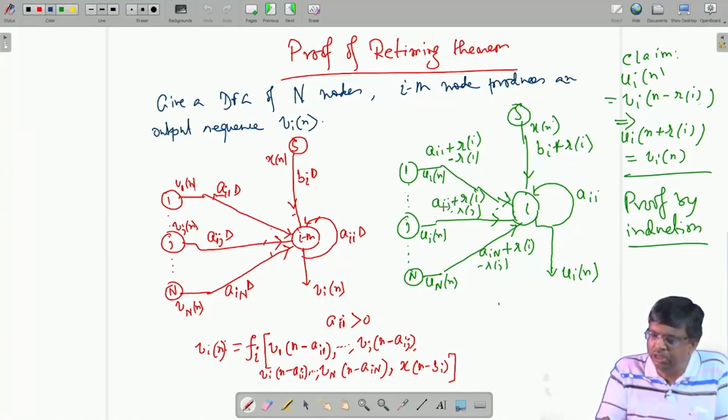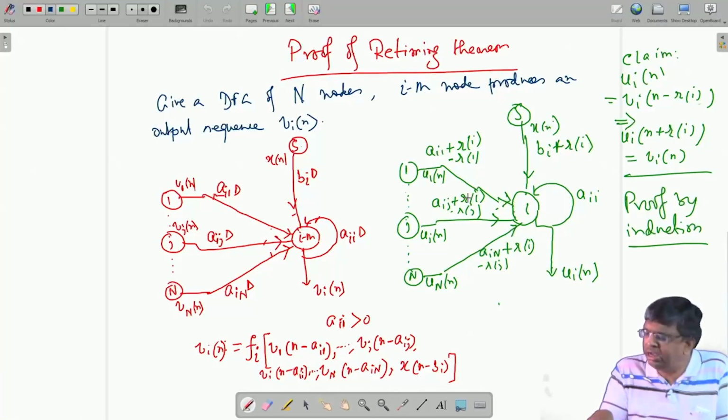Aij has been changed to Aij plus r(i) minus r(j), dot, dot, dot. Only delay values will be changed. V1 will be replaced by U1, because the new circuit has no V, only U's. Vj becomes Uj, Vi will be replaced by Ui, dot, dot, dot. x will be as it is. Bi will be replaced by Bi plus r(i). So, that will give you Ui[n].